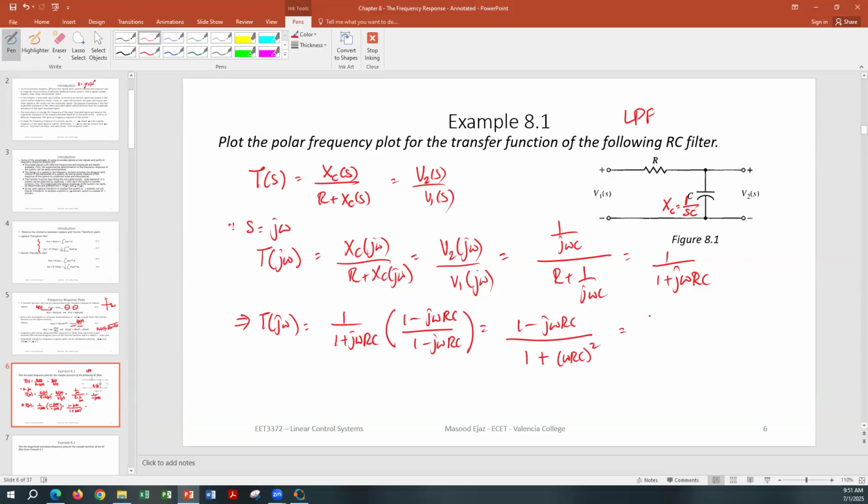So I can write this down as the real part will be 1 over 1 plus omega RC squared, and the imaginary part will be omega RC over 1 plus omega RC squared. Imaginary is negative omega RC, of course.